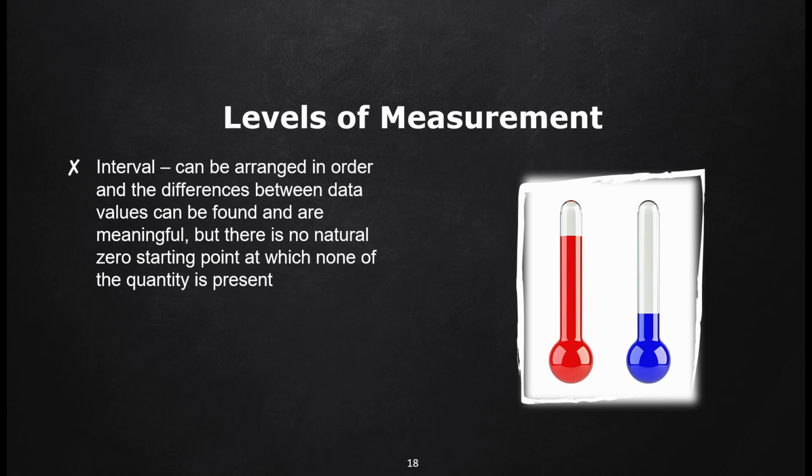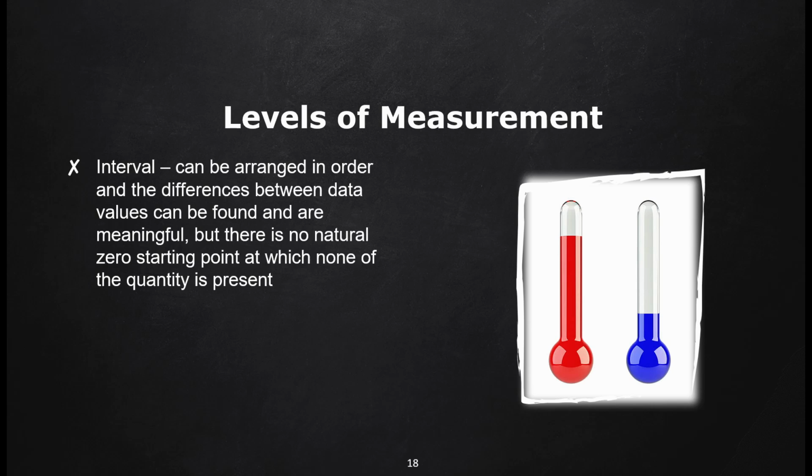The picture here is an example. Think of temperature, either degrees Fahrenheit or Celsius. In both Fahrenheit and Celsius, we've got the positive numbers, but there's also a zero, right? But that zero doesn't mean that we have no temperature, right? It's just kind of like a placeholder value.